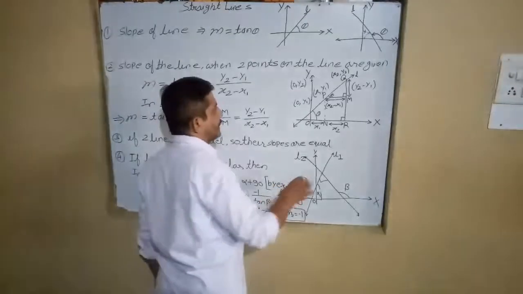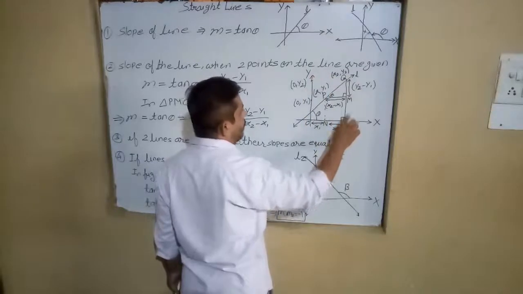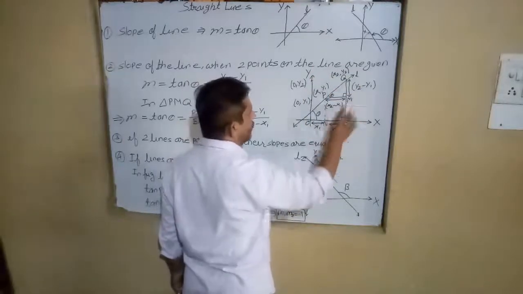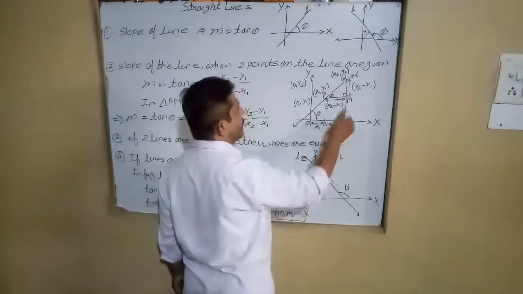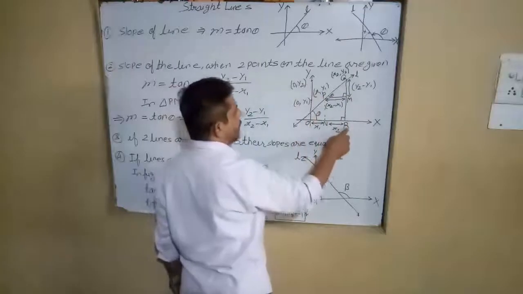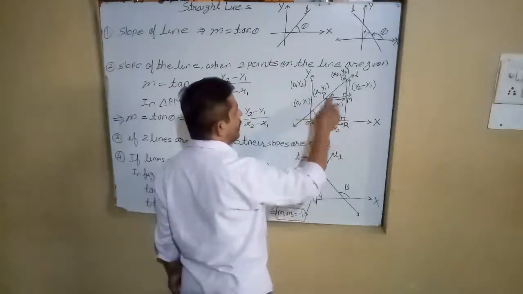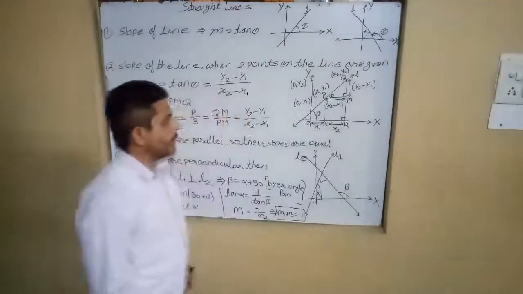Now you can see the length of QM. The length of QM we can write as QR minus MR. What is the value of QR here? Y2. And what is the value of MR? Y1. So the length of QM will be equal to y2 minus y1.